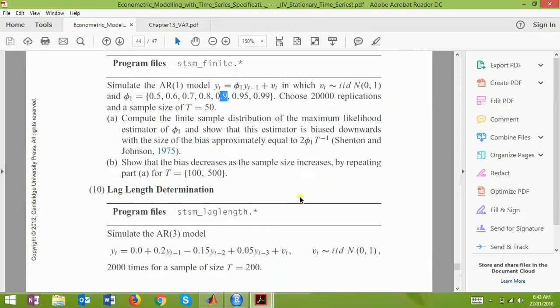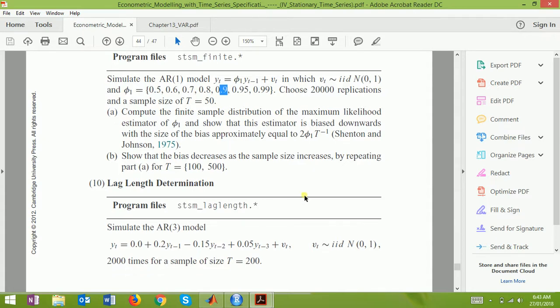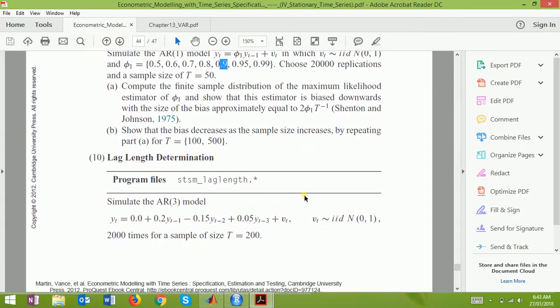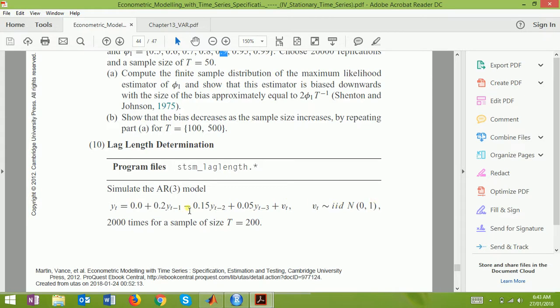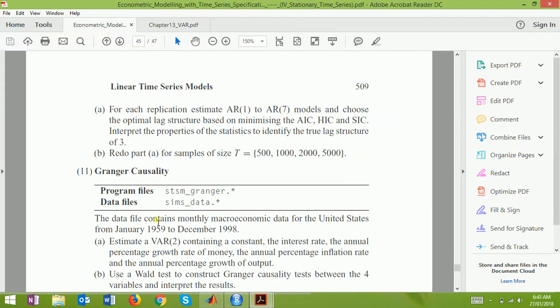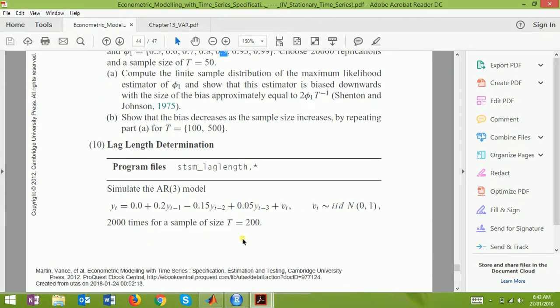Now the next problem, with a sip of coffee, is lag length determination. Now we need to simulate an AR3 model. Again, we don't have any moving average parameter, so it's not necessary that we do maximum likelihood estimation. Simulate the AR3 model 200,000 times for a sample size of T equal to 200.